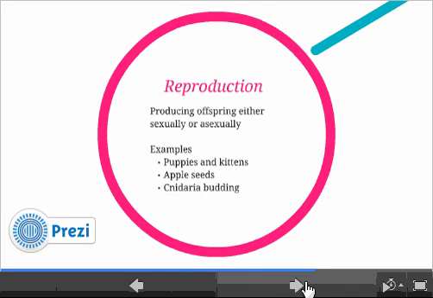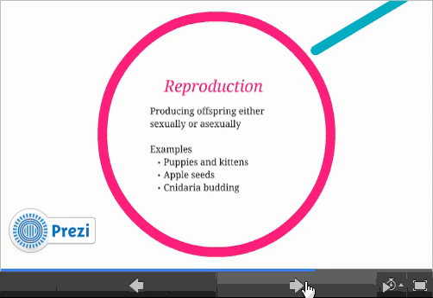We have reproduction. For living things to be classified as living, they need to reproduce. This is production of offspring, either sexually or asexually. Examples would be kittens and puppies and babies and all those cute little things. In fruits, apple seeds, strawberry seeds, cantaloupe seeds, anything that is going to reproduce that species or that organism.